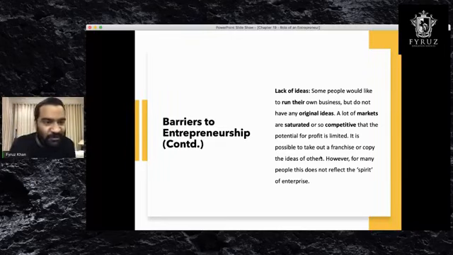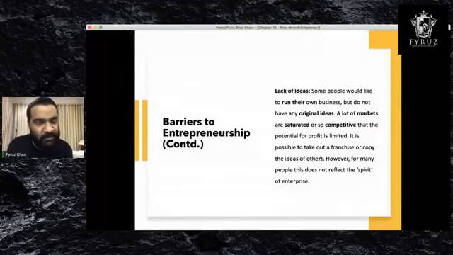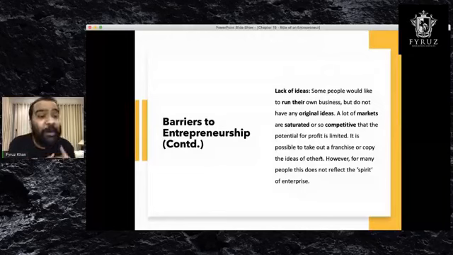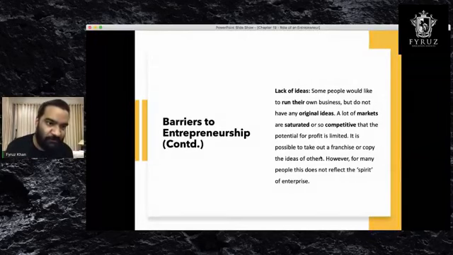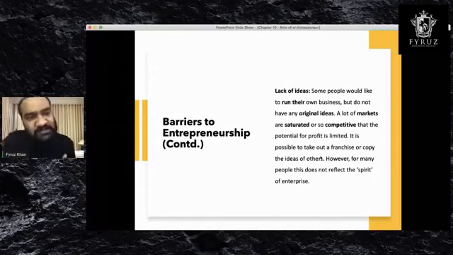The market is saturated. There's no other way to be innovative. Innovation is at its peak in terms of mobile phones. I think mobile phones will have less innovation in the future. There will not be a breakthrough innovation. That's what I feel, because we've crossed that path, and now things will be different.